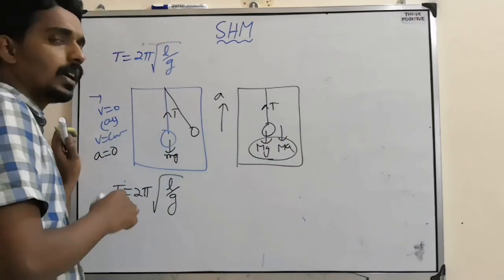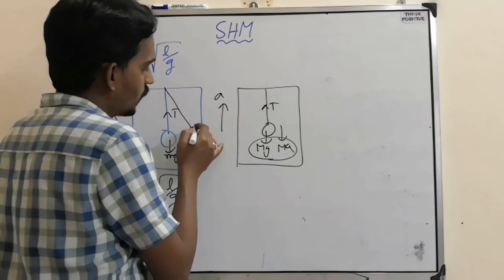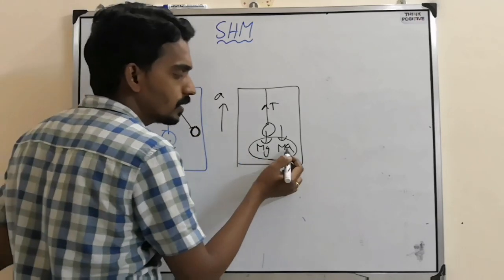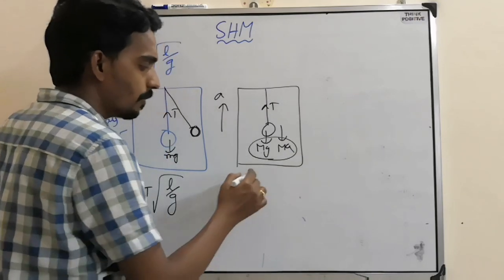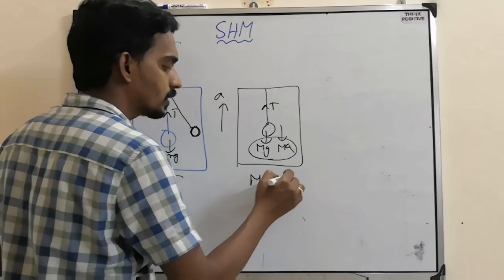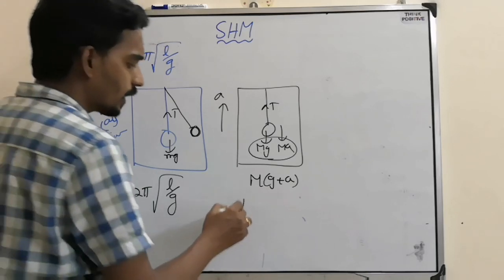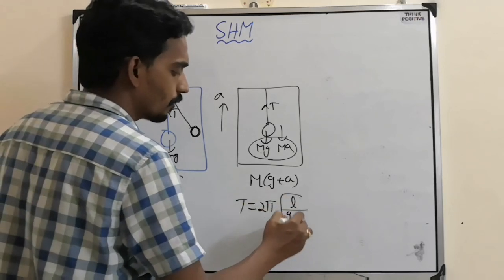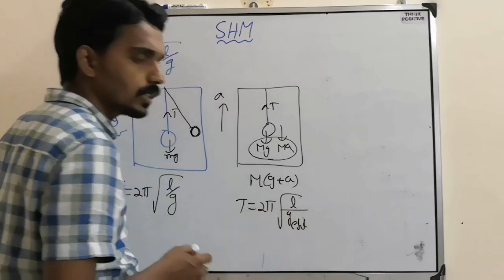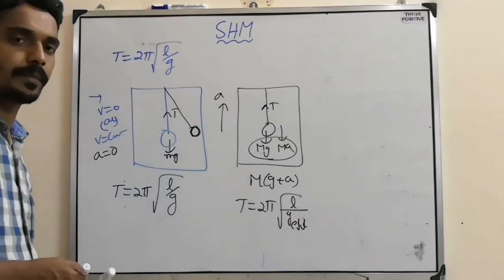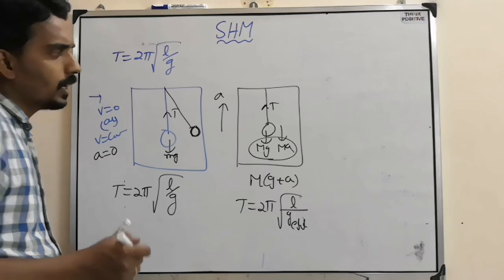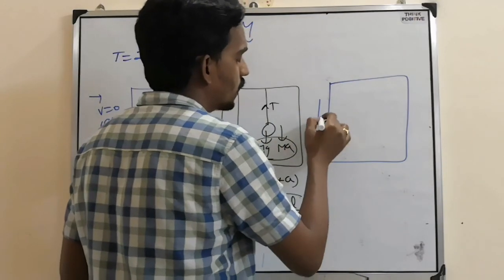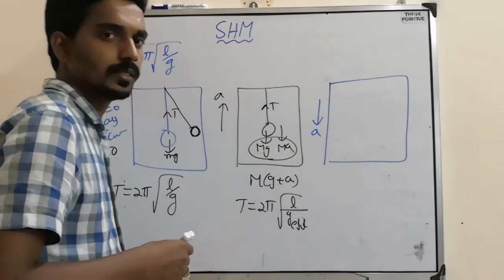So the resultant, the restoring force at any point, will become a component of mg plus ma, that is m into g plus a. Then the time period will become 2 pi root L by g effective, where g effective is how much here? g plus a.